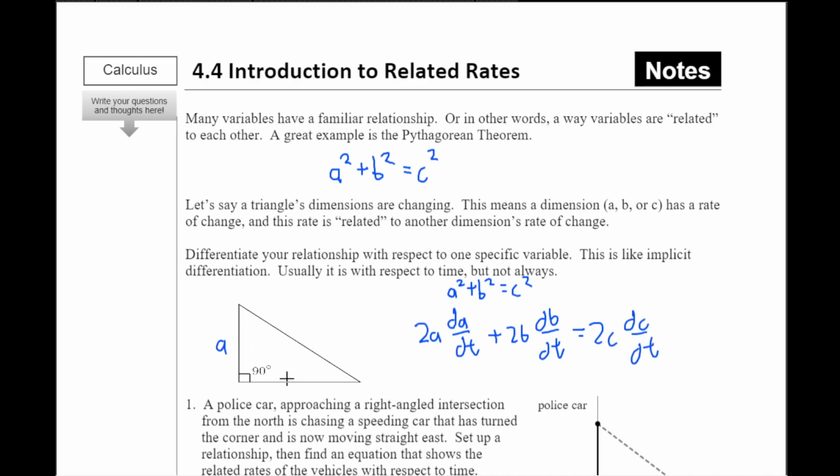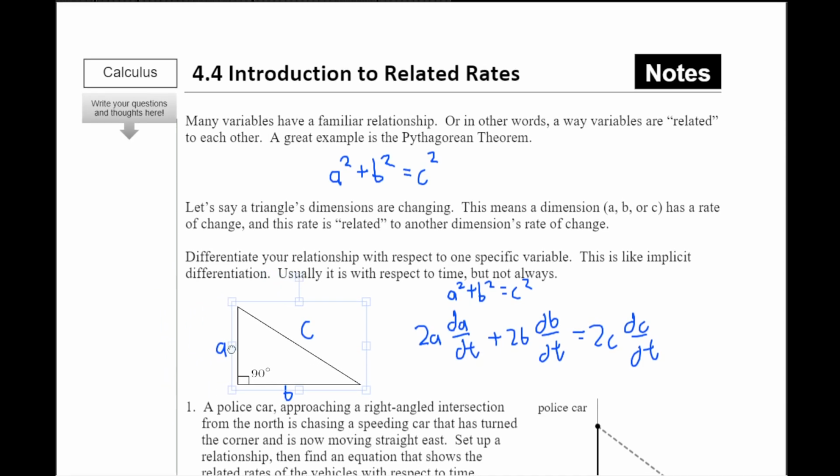This is the relationship here. A is just how long A is, B is how long B is, C is how long C is, but dA/dt is the rate of change of side A, dB/dt is the rate of change of side B, dC/dt is the rate of change of C. So sometimes, if I move it sideways, you see how side A doesn't change its length?